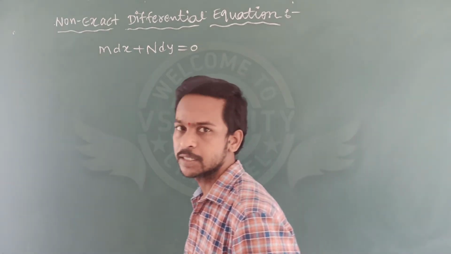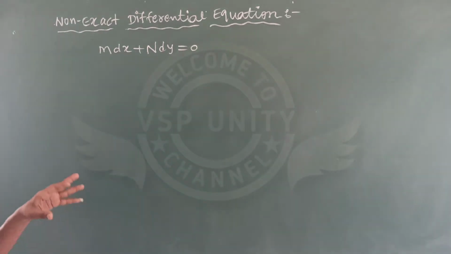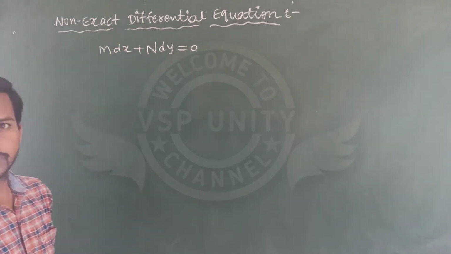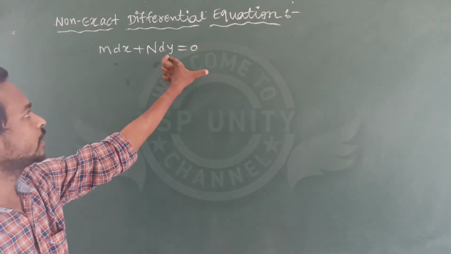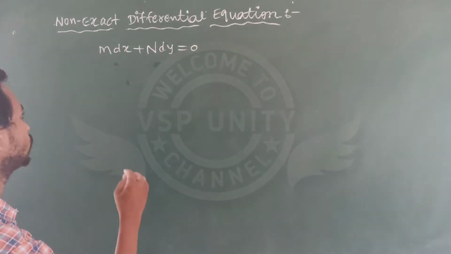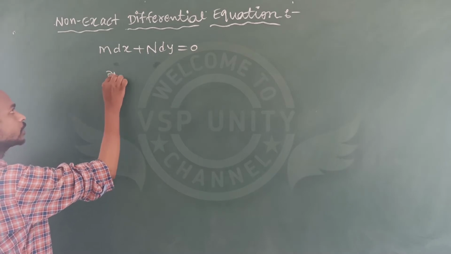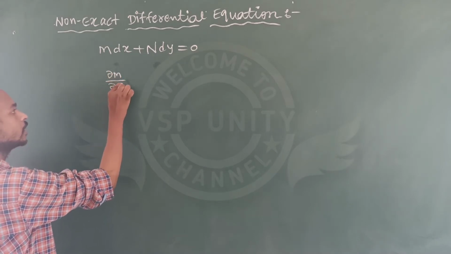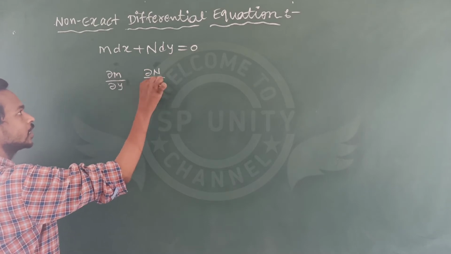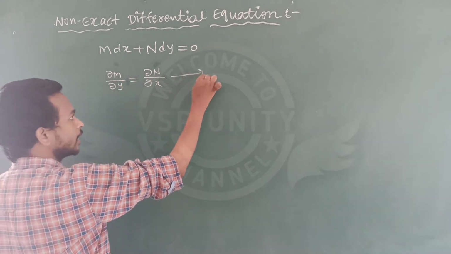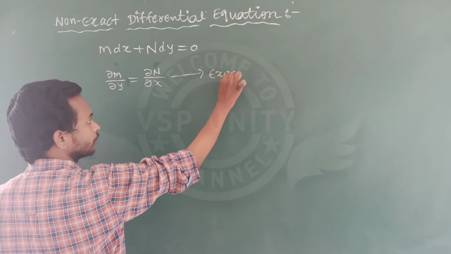In previous session, I explained about exact differential equation. What is an exact differential equation? If the given differential equation is of the form M dx plus N dy is equal to 0, if you find ∂M/∂y and ∂N/∂x, and both the values are equal, then it is an exact differential equation.